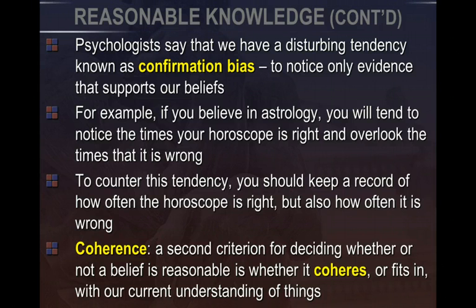Okay? And this is this concept of coherence. Coherence essentially just means to fit in, or to cohere. So basically, that second criterion after evidence is, does this belief actually fit in with our understanding of everything else around it, right?